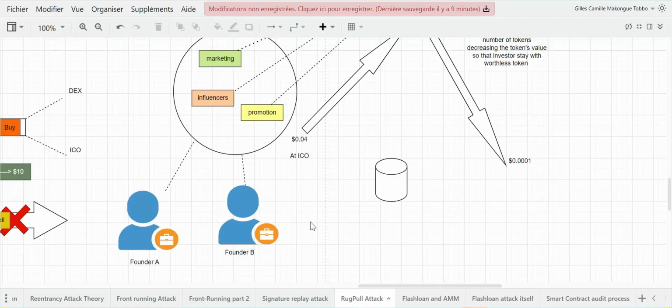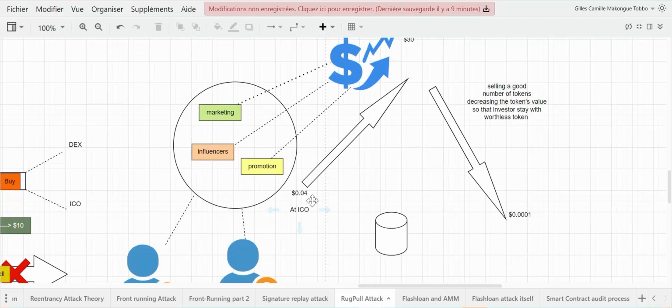So this founder is going to launch a project. They're going to do some marketing and promotion around the project.